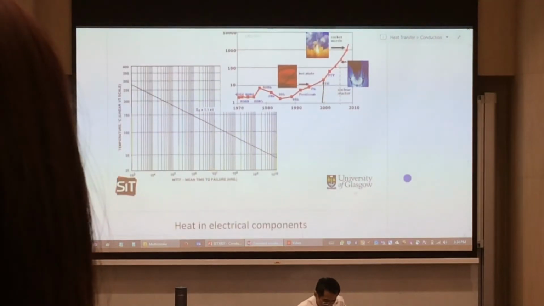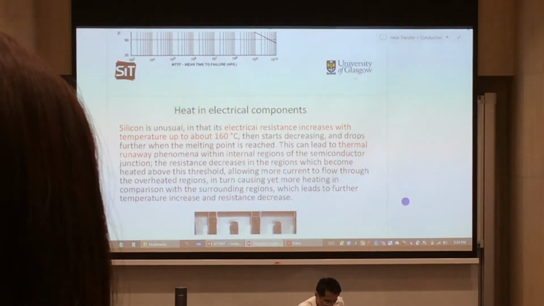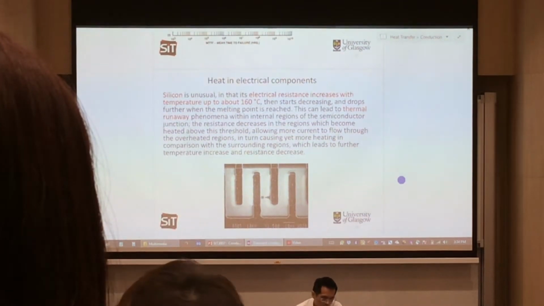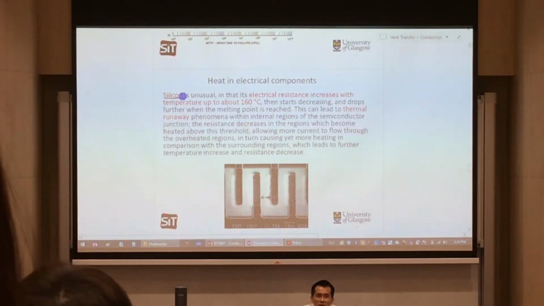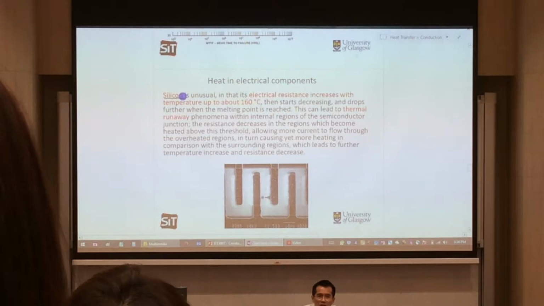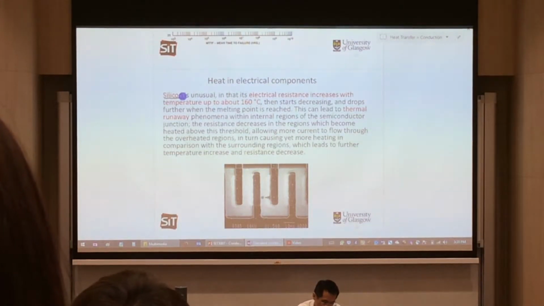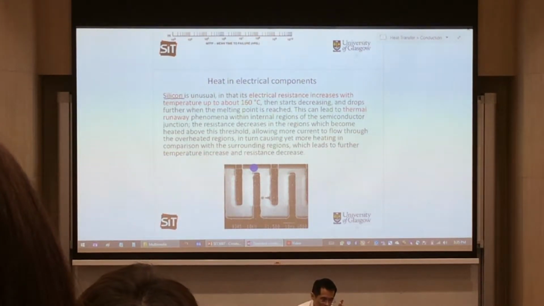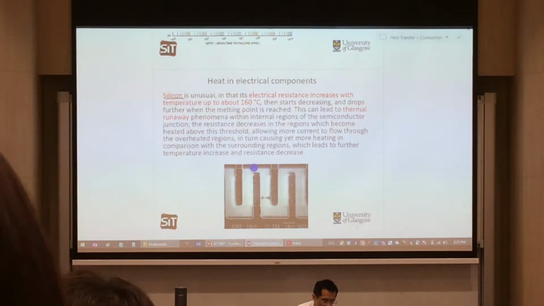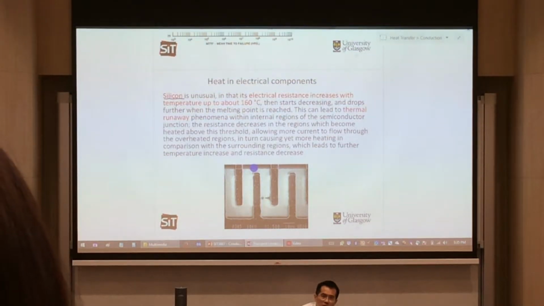And what I want to point out is this very interesting thing about silicon. Now, you have seen in the video that he talks about using silicon as our tracks for the electrical current to flow through. Now, silicon has a very unusual behavior. Its unusual behavior is that its electrical resistance increases with temperature. So the higher the temperature that this silicon is exposed to, its resistance is going to increase.